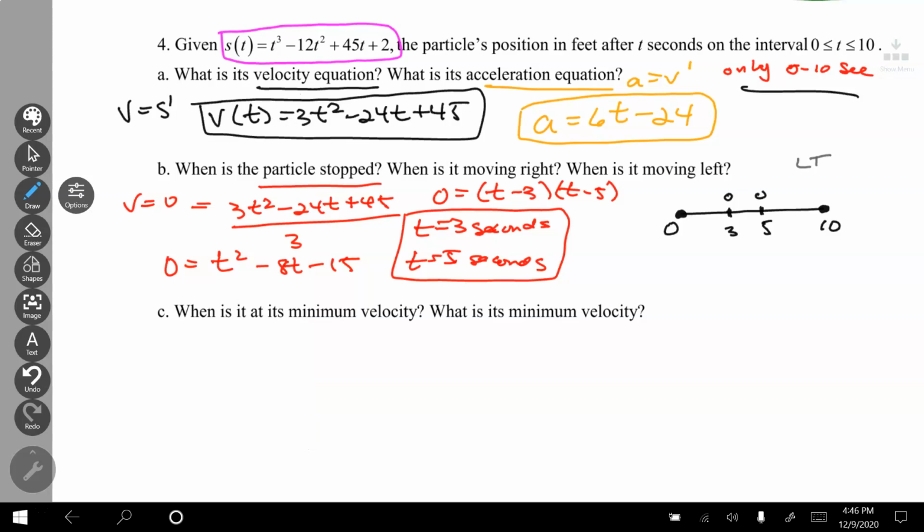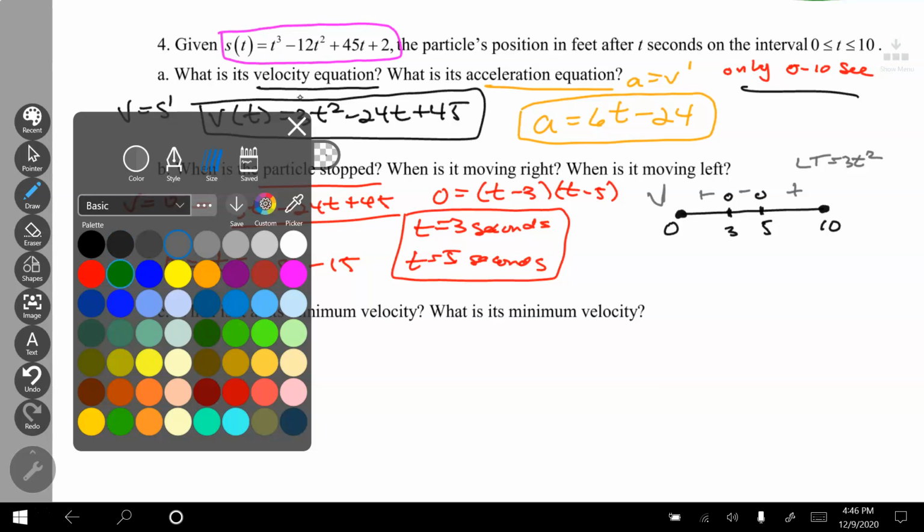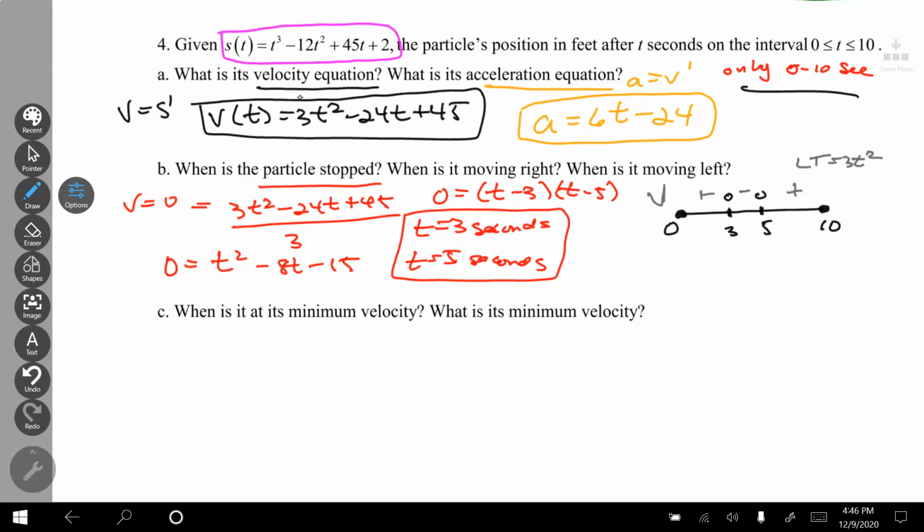I have a leading term of 3t squared because this is a number line for the velocity, so it goes positive, negative, positive. So it's moving, let's see, I'll do left first. Left from 3 to 5, and it's moving right from 0 to 3 in union with 5 to 10.